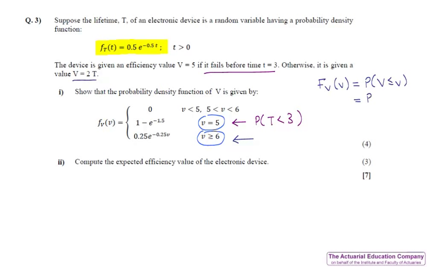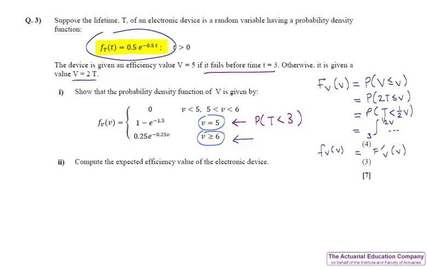We then use the fact that V is equal to 2t. Rearranging this, we get a probability in terms of t, which we can find by integrating the given PDF from 3 up to a half v, as remember, it's only given this value if t is greater than 3. Once we've done this, we get the PDF by simply differentiating the CDF.